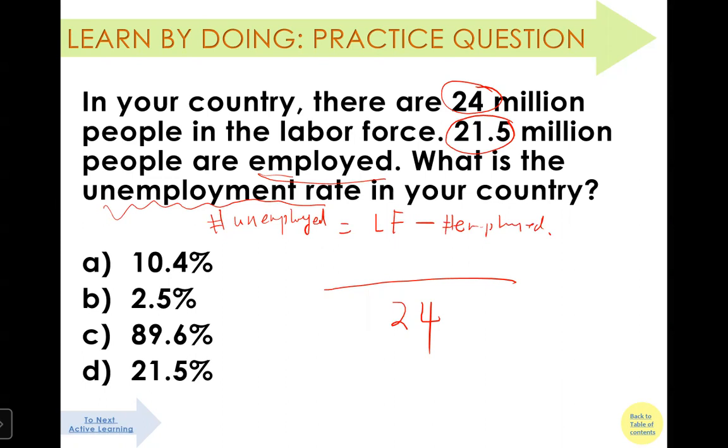Hence, in the numerator we have 24 minus 21.5. If you like, multiply by 100 for the normalization, and then do the algebra, very straightforward. The answer is A, 10.4. So these are the practice questions.